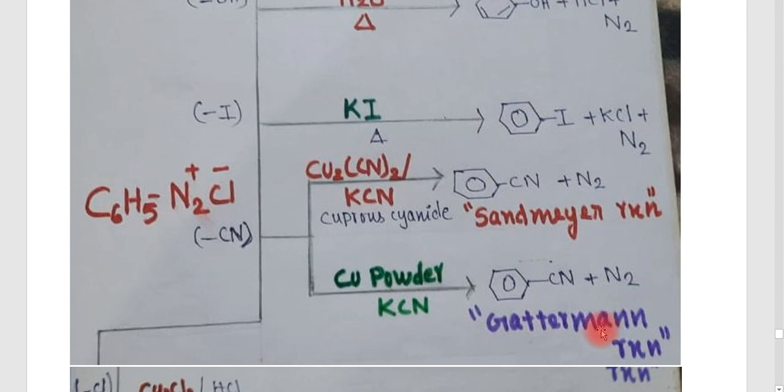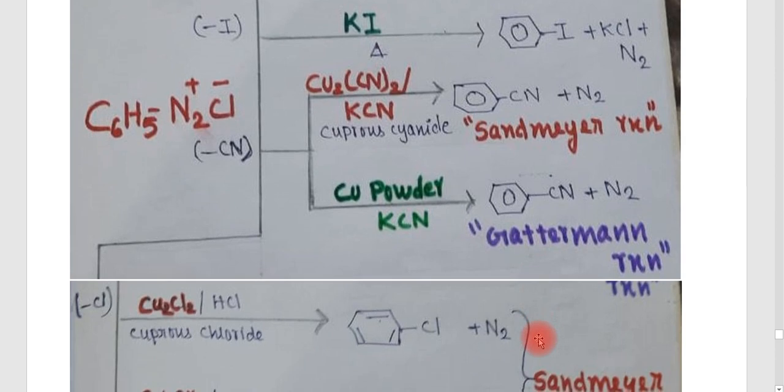This is also a very important reaction. But basically, to produce cyanobenzene there are two named reactions. In two methods we can prepare it from benzene diazonium chloride. First by treating with the cuprous cyanide and the other with the copper powder. If it is treated with the cuprous cyanide, the reaction is called Sandmeyer reaction. And if it is treated with the copper powder, then that reaction is called the Gattermann reaction.